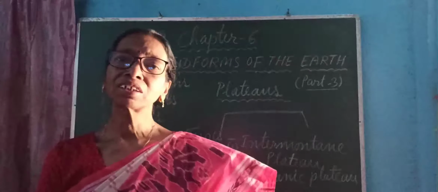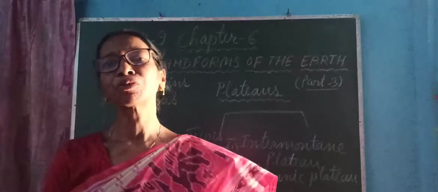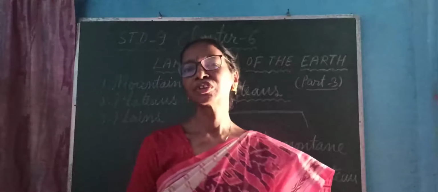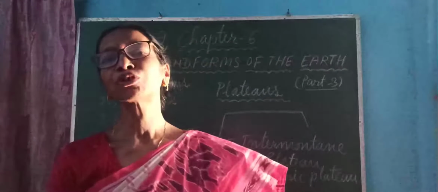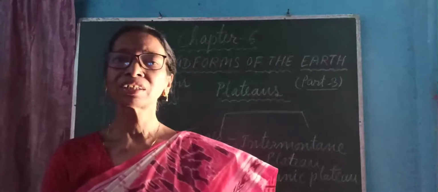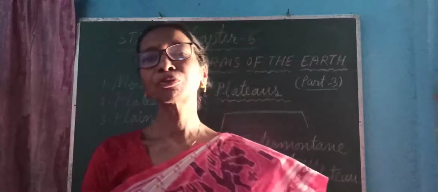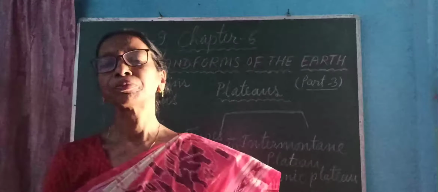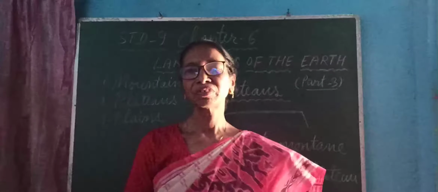Plateaus are ancient landforms, the oldest landforms. When the continents were formed, many plateaus were formed millions of years ago due to diastrophism. What do you mean by the process of diastrophism?